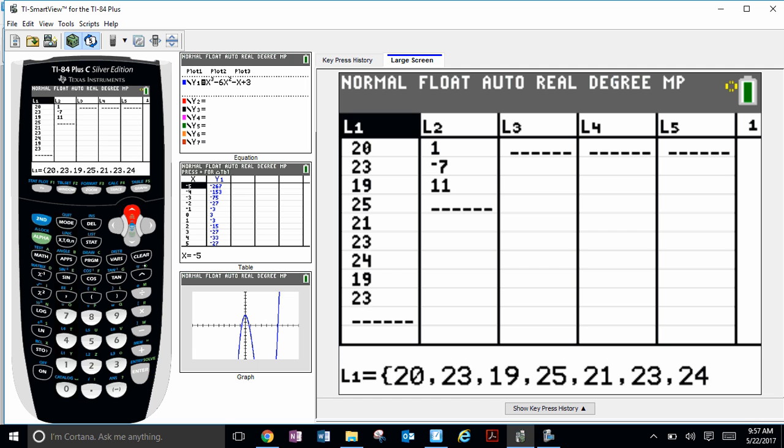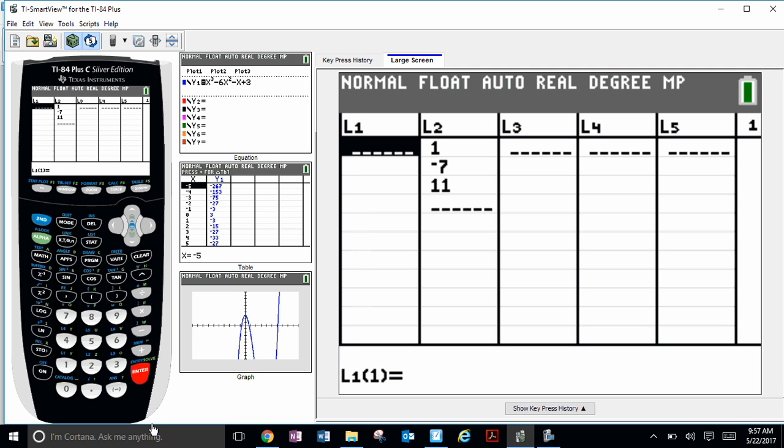We're going to edit list 1. To clear your list, you highlight list 1, hit clear, and then enter. Type them in: 4, 8, 12, 15, 3, 2, 6, 9, 8, and 7.